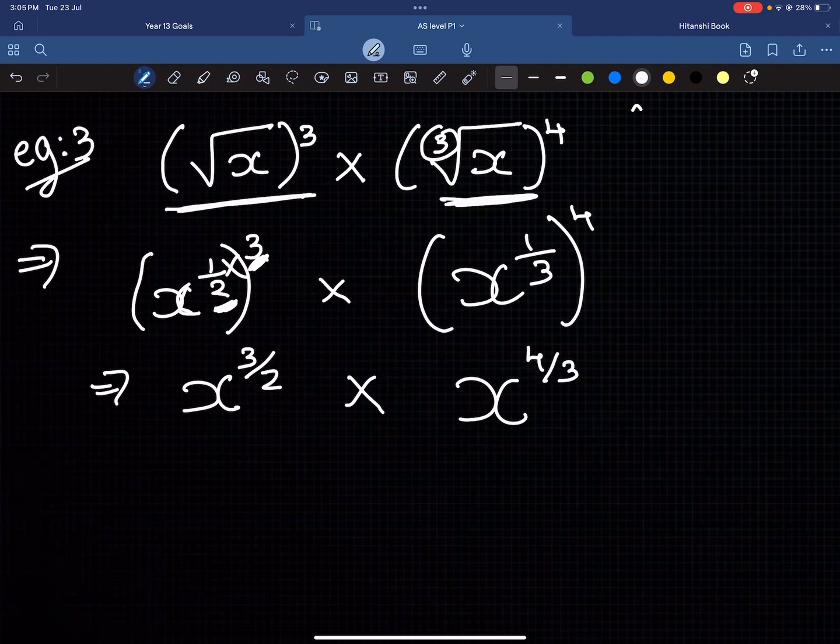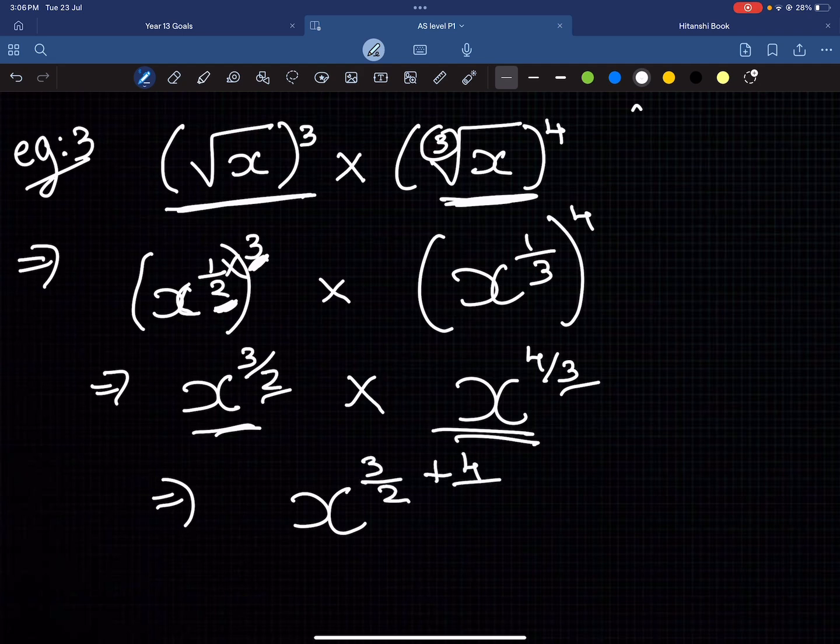And again, from our first video, if you have 2 terms which you're trying to multiply together, but they have the same base, but they have different powers, what we do is that we just add their powers, right? So I'll write x over here, and then I have 3 by 2 plus 4 by 3.